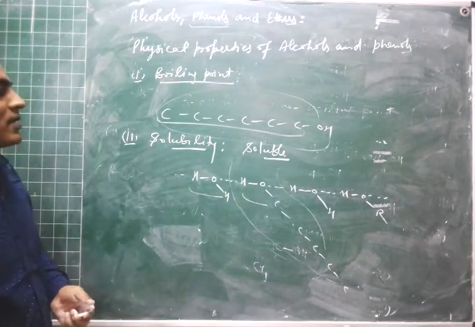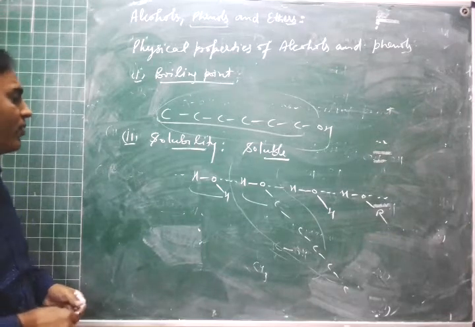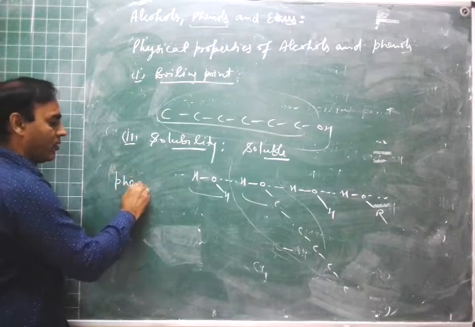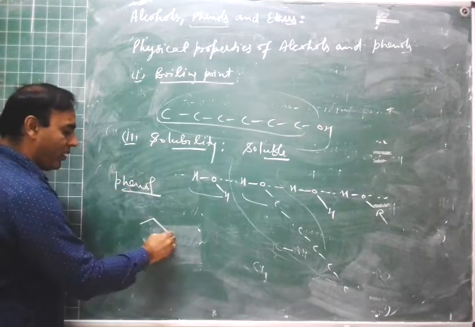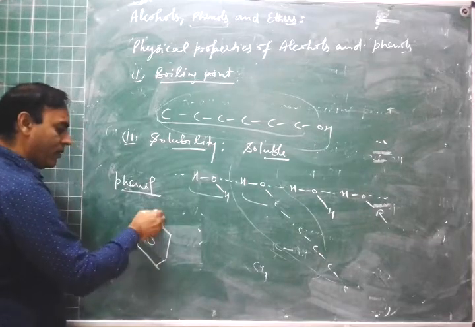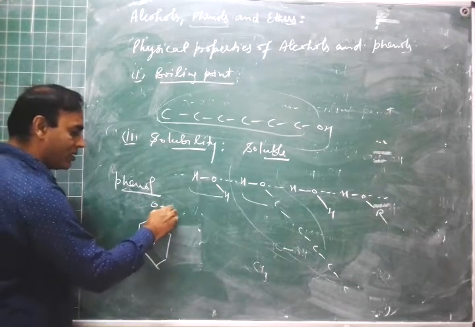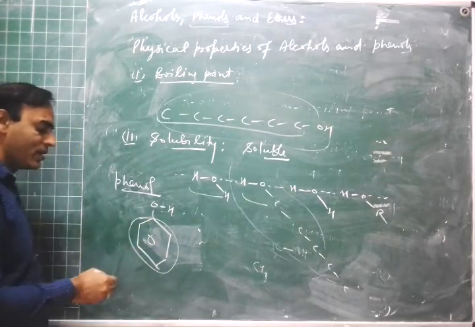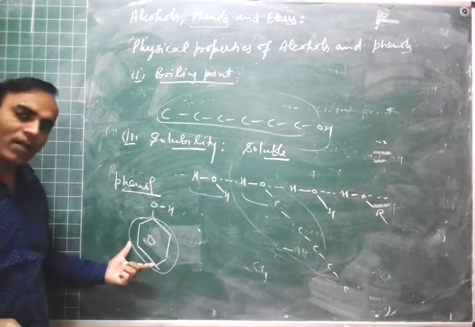Now next we will discuss the solubility of phenol. Phenol, because of this non-polar part, you can say this is the hydrophobic part, this carbon part, and this is the organic part, or you can say the hydrocarbon part.